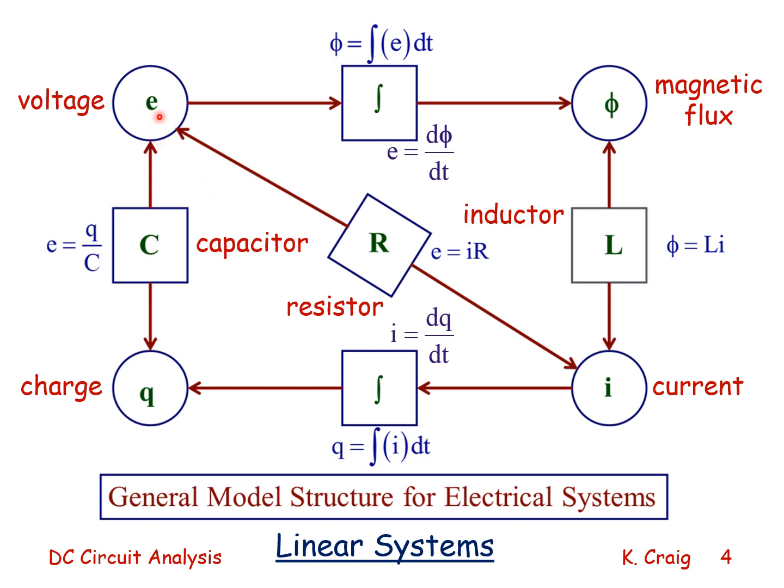Voltage and magnetic flux are related to each other either through the integral or through the derivative according to Faraday's law. Charge and current are related to each other either through the derivative or the integral by the definition of current as being the rate of flow of charge in an electrical system.